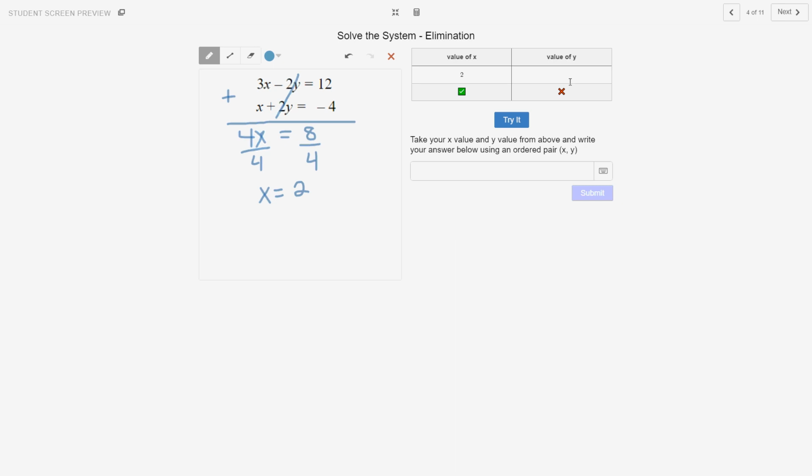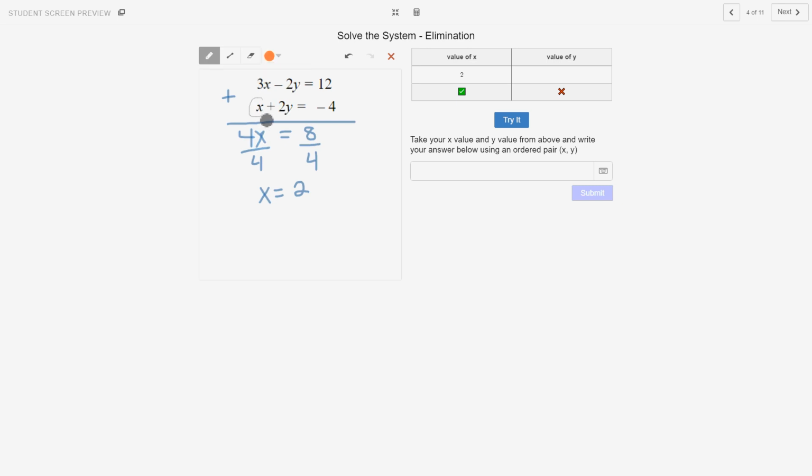So now I need to figure out what y is. And you've got a choice. You could plug it into either one of those equations. I'm going to choose the bottom one because it's got a plus sign. That's the only reason. So I know what x is. So I'm using that bottom equation.